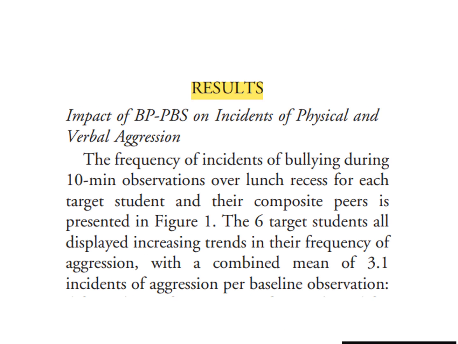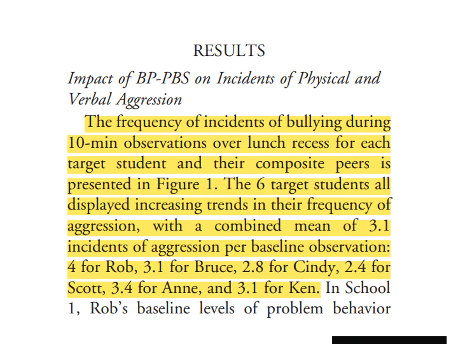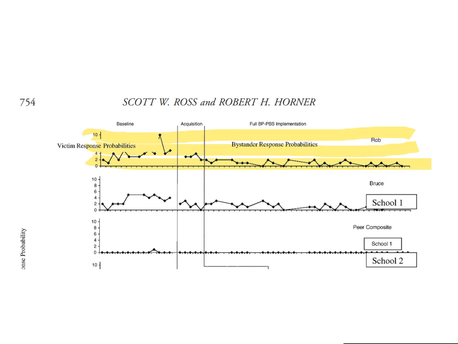And then you get into the results section. Basically what you see in the results section is a written description of the results. So here, the frequency of incidents of bullying during 10-minute observations of the lunch recess for each target student and their composite peers is presented in figure 1. So it's just telling you what the results were. And then you'll often see a graph or a table of the results.